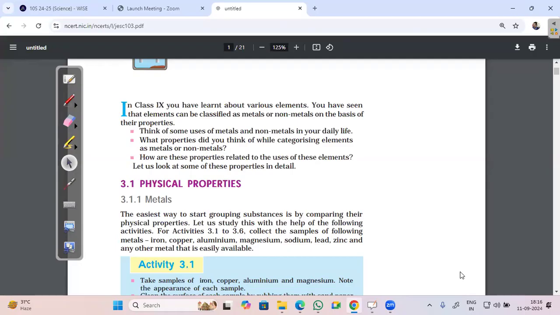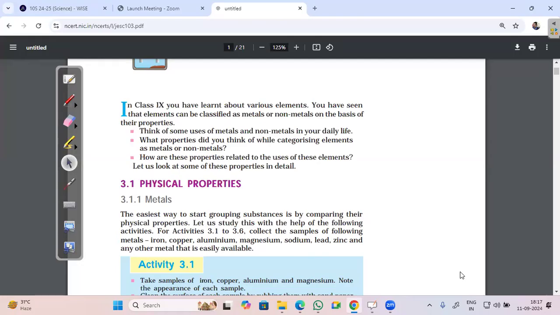Physical properties are the properties of a substance which can be easily identified by looking at the substance, or by performing some small experiments. Electrical conductivity can be tested. You can test its solubility. So metals, we identify on the basis of their physical and chemical properties.